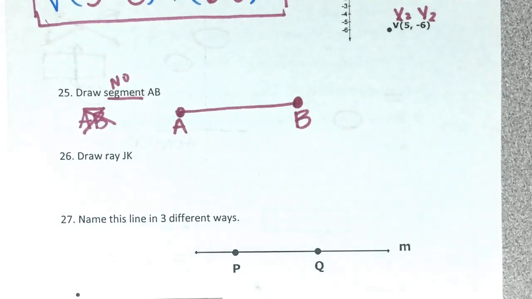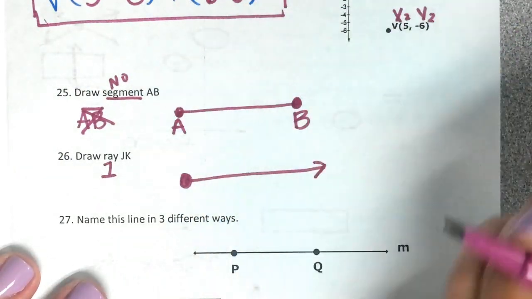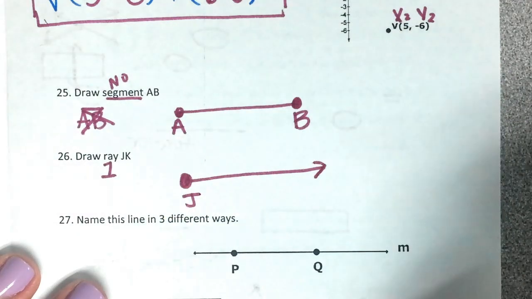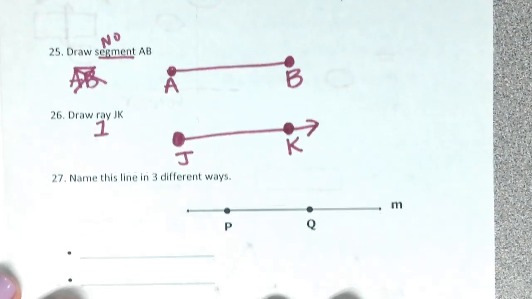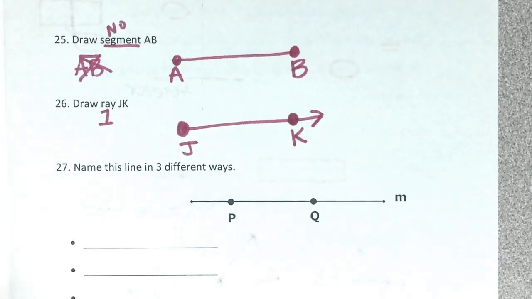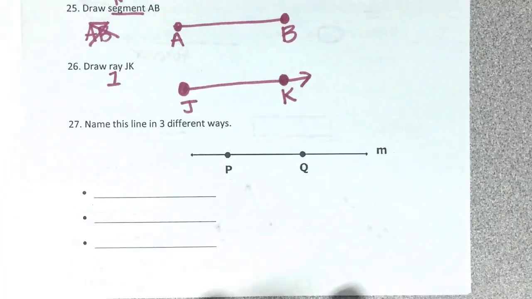What about a ray? What's a ray? How many arrows? 1 arrow. So I'm going to draw a dot with 1 arrow. This is going to be J. Where do I draw K? At a point before the arrow. There we go. And last but not least, what are 3 different ways I could label this line?